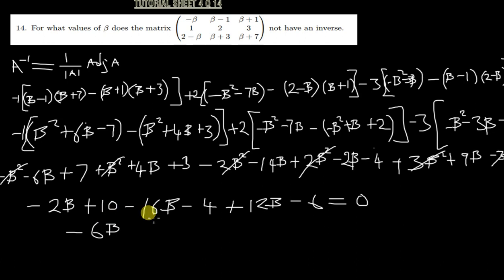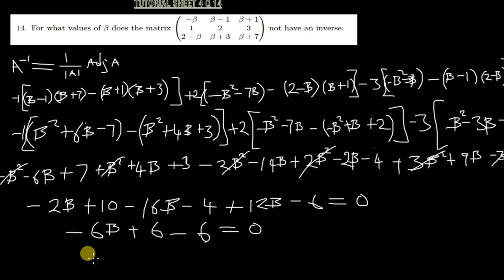Then this is 10 minus 4, which is 6, and then there's positive 6, and then this positive 6 and minus that 6. You equate that to 0. So this minus that, you get a 0.